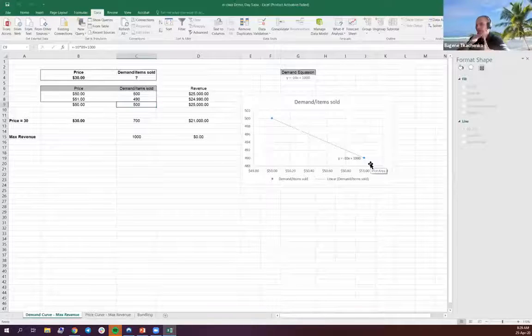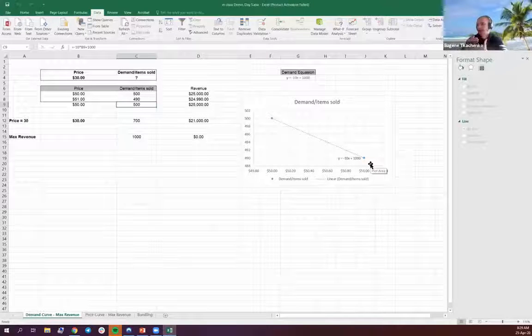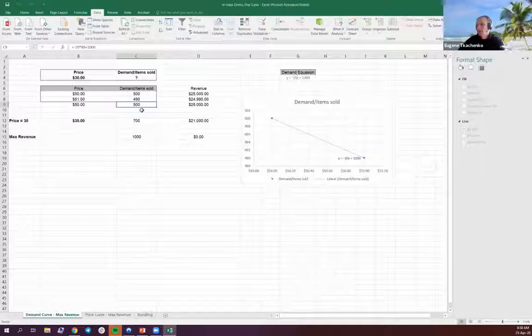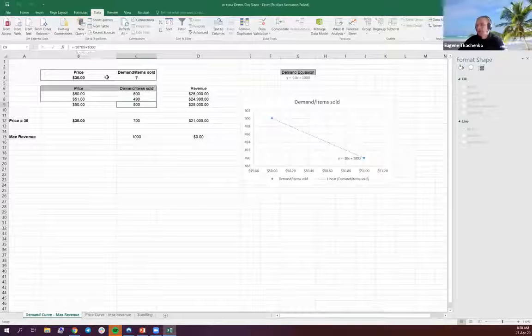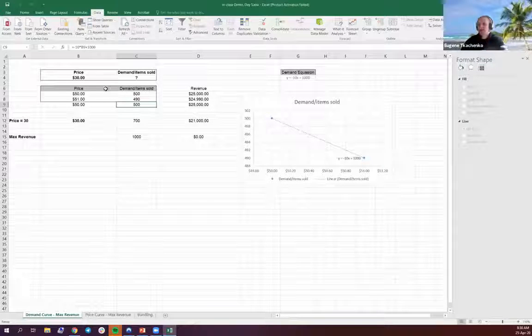The way it is defined here, we built the graph. So we basically take our trend line or demand equation expression, and we put this expression into this cell. As you can see, we are saying that -10 times price plus 1000 is the expression, or the function, for our demand.